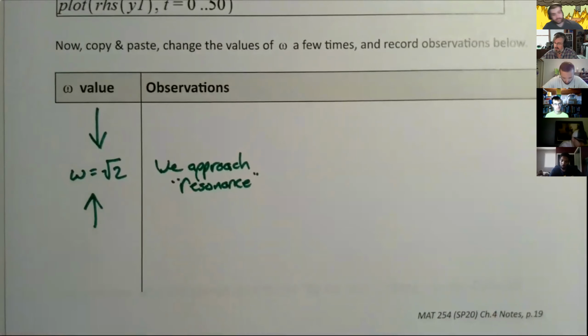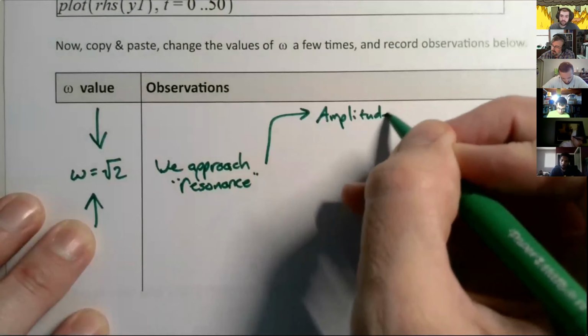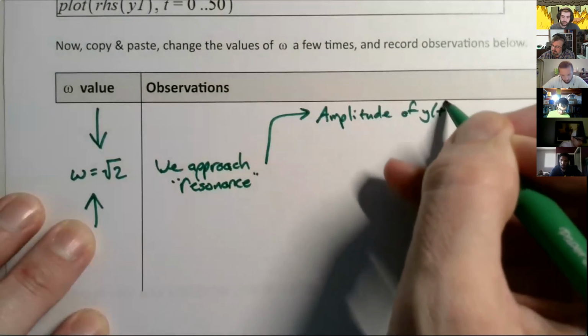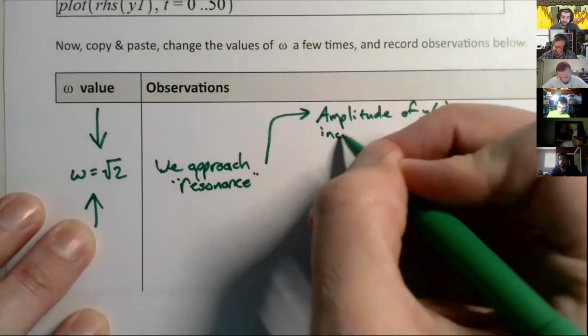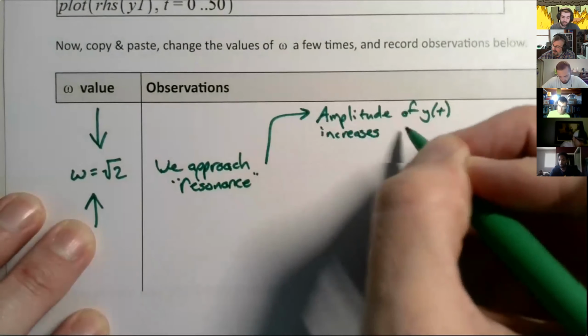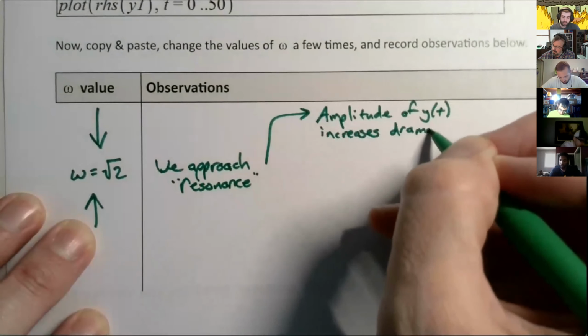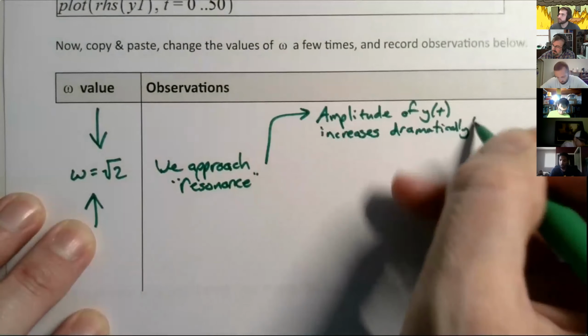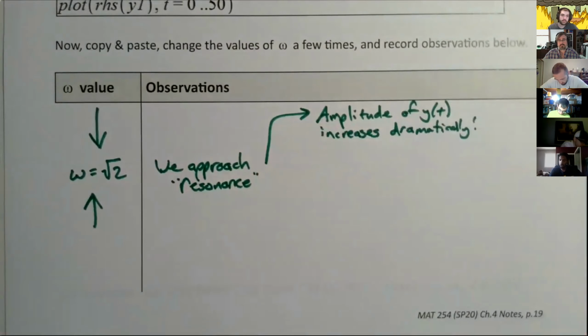There's a couple of consequences for this. One of them is the amplitude of y of t increases dramatically. So as you approach resonance, the amplitude of your position function increases dramatically.